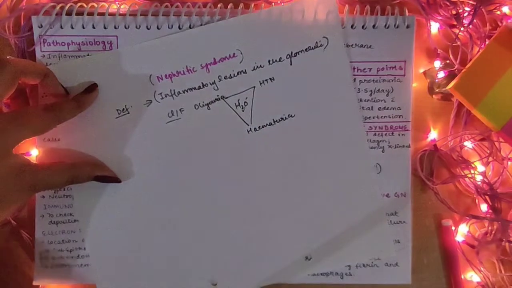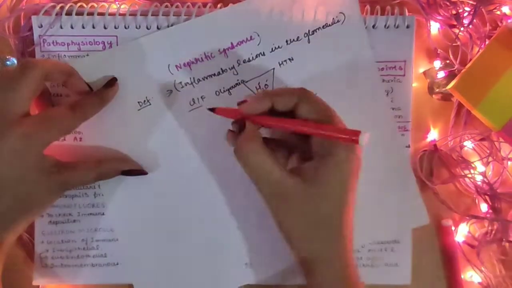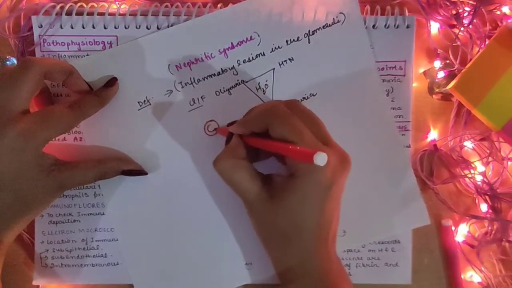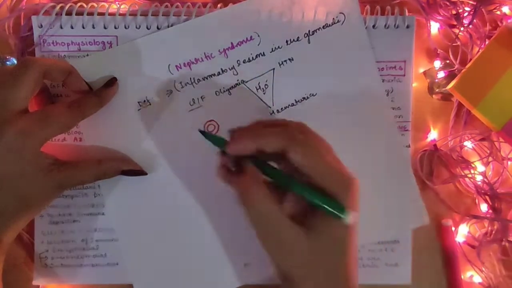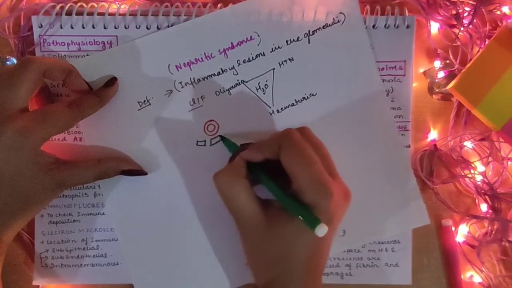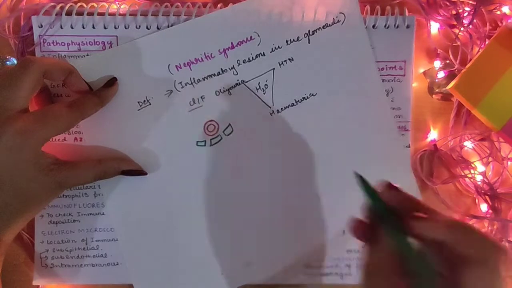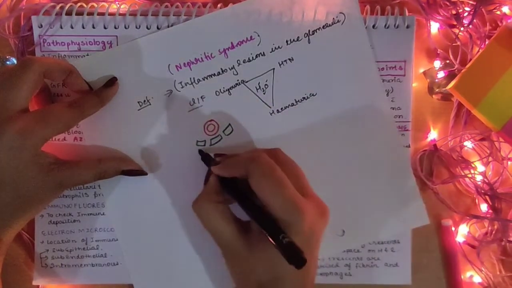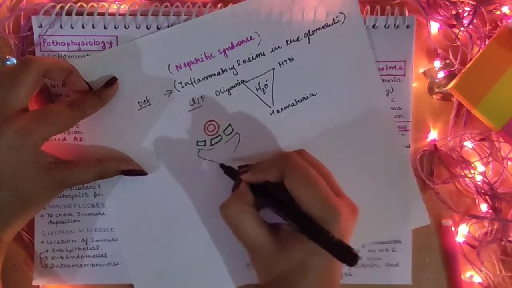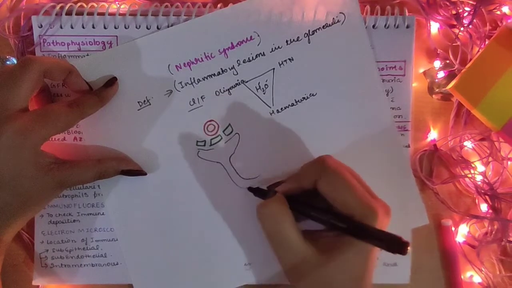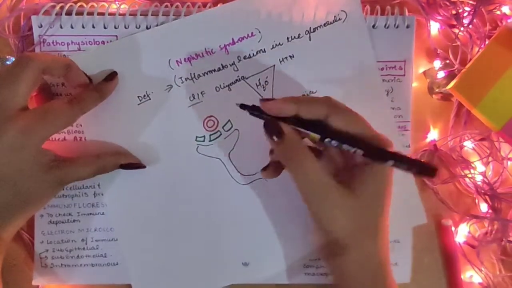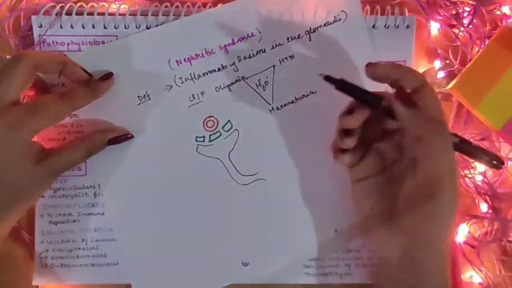Okay, so here's a short diagram that I will make. This is a blood capillary, and this is a glomerular basement membrane which is perforated, because initially I told you that there are lesions in the glomeruli. Now here's a tubule. What happens when there are lesions and perforations in the membrane?